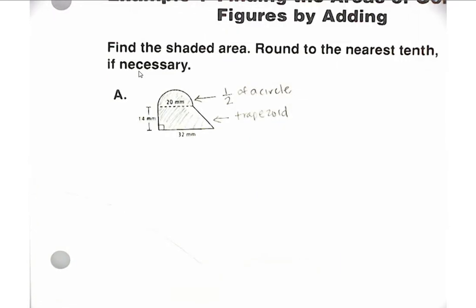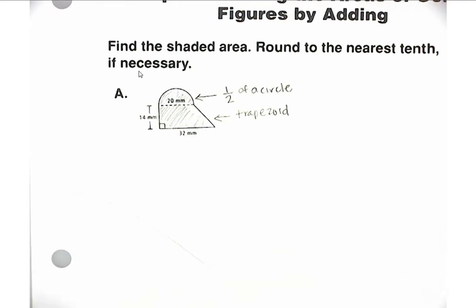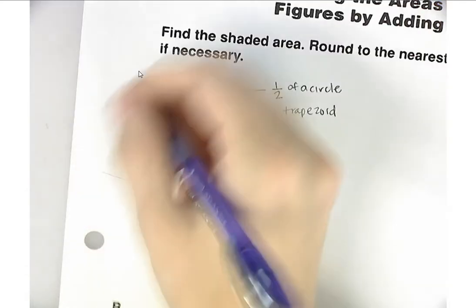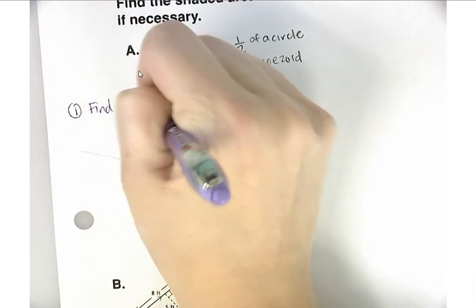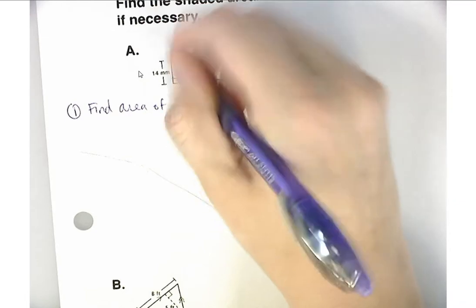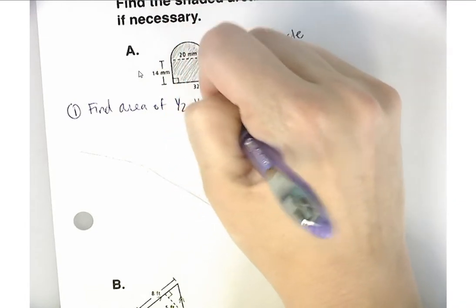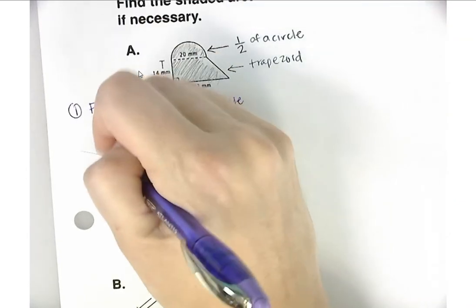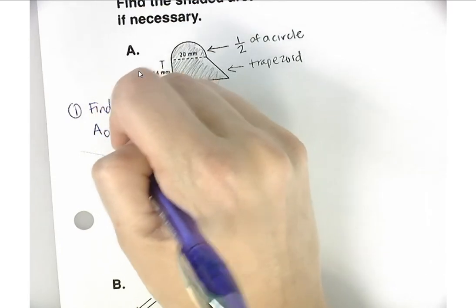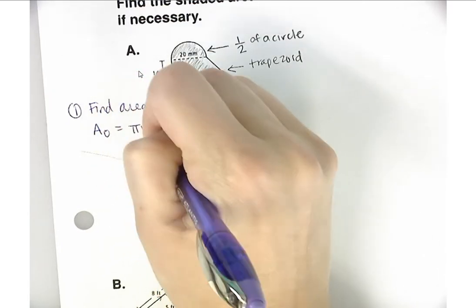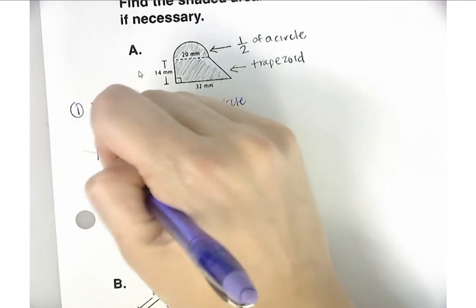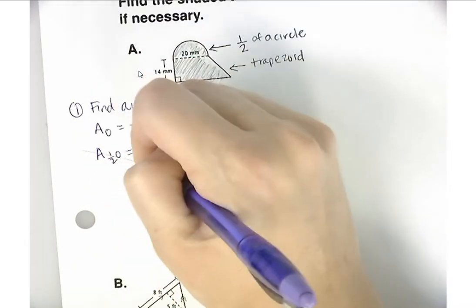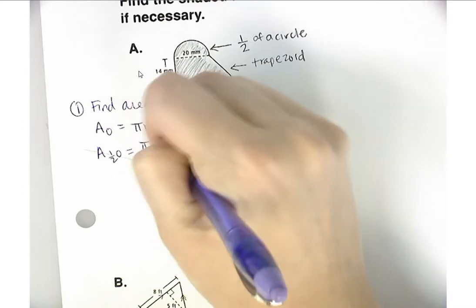Okay, and then the first thing that we're going to do is find the area of the half circle. So remember that the area of a circle is going to be pi r squared. So if you're trying to find the area of half of that circle, you can just multiply by 1/2, or you can just divide by 2.